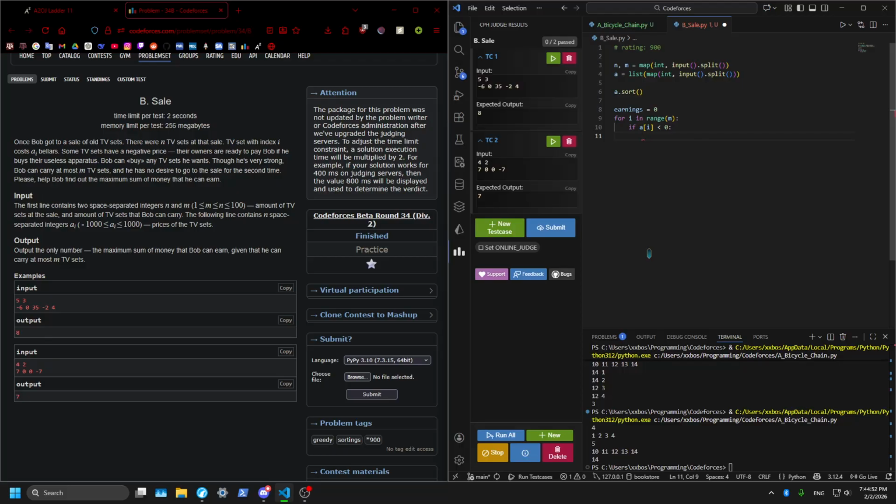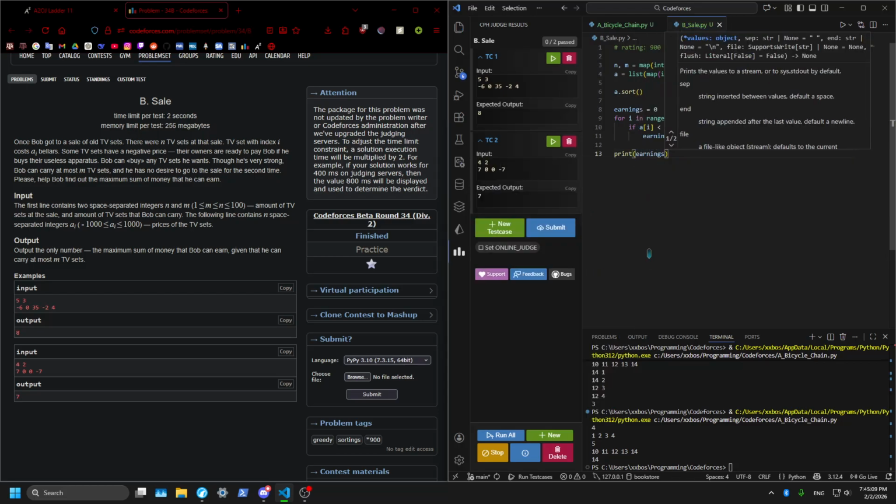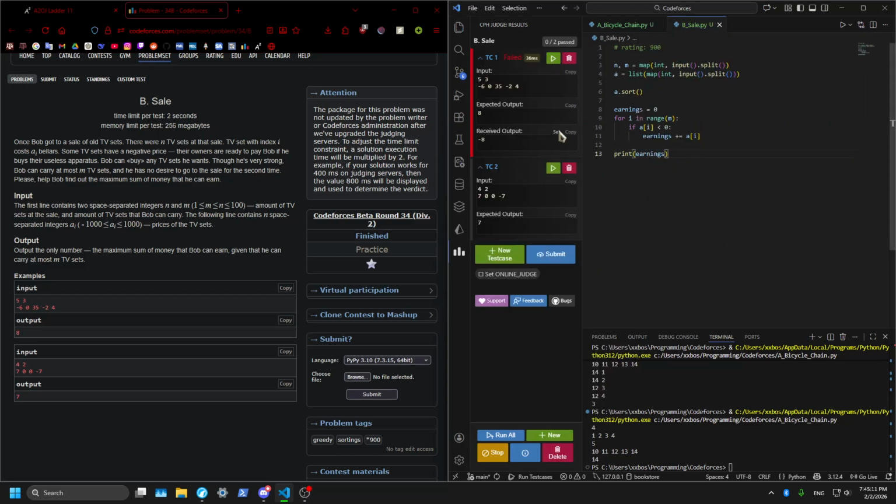If it's greater than 0, we just don't want it. Then earnings plus equals AI. Then we just print earnings. Just this simple.